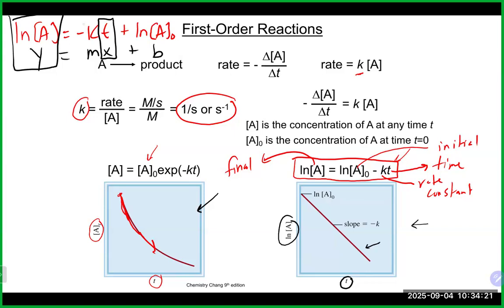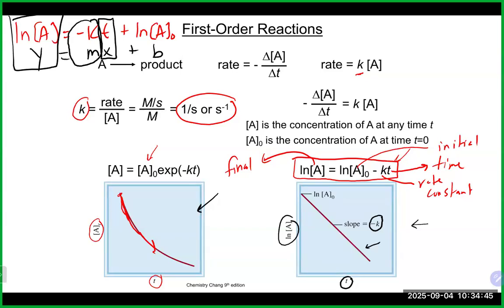So we could actually find the value of the rate constant graphically by taking the slope of that line. The slope of that line is equal to not k, but to negative k. And that negative that's there, along with the negative value you would get for the slope, will turn those two negatives into a positive value for the rate constant.